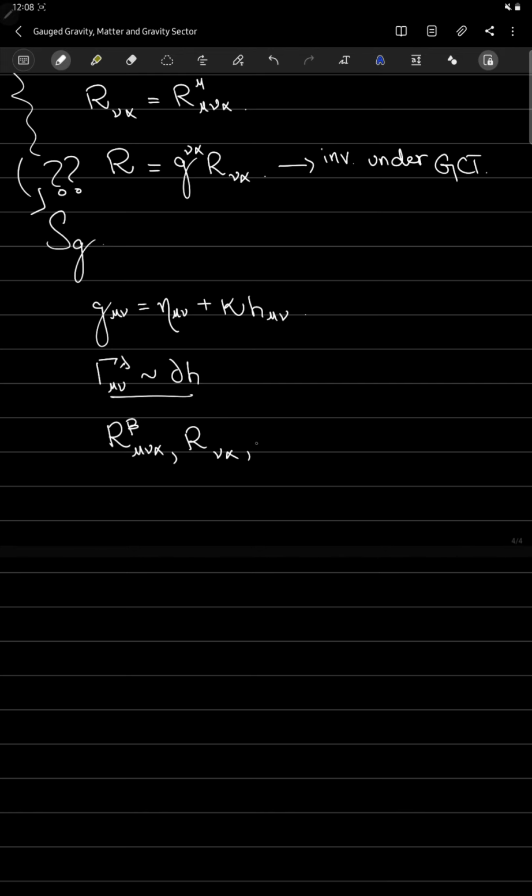You'll have something like ∂²h, where again h is this field, and ∂h, right?